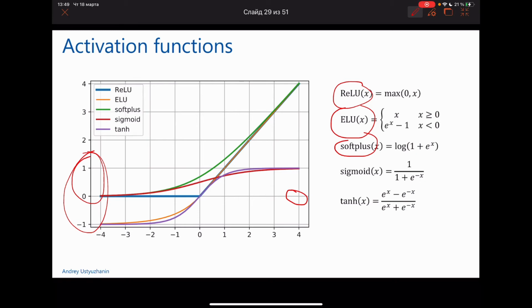Although you may also notice that some of those functions are restricted by 0, and for negative values none of those is able to produce a meaningful gradient. So it means that it works nicely if your values are positively defined.